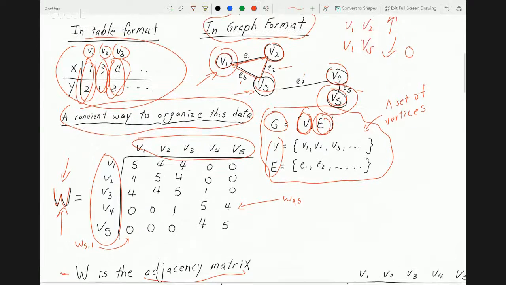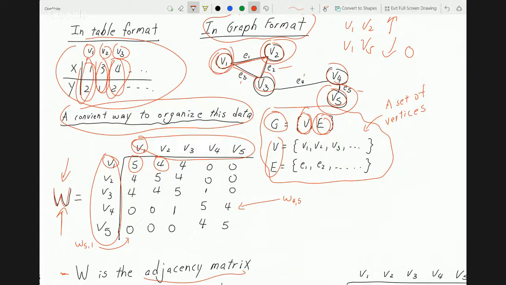So let's look at V1. Over here we have V1. For V1, V1, that's very close because your relationship with yourself is essentially as high as it gets. So let's give it a big number, we'll give it 5. And then V1, V2, which is here, well, it can't be 5. What makes sense is something that's still pretty high but smaller.